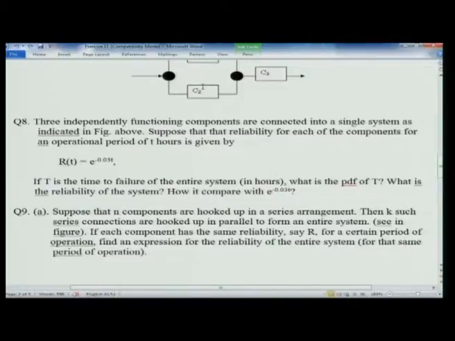And when you hook them up in series, your reliability is the minimum of the two. So, therefore, you cannot say much, it will almost be the same. In fact, it will not be better than e raised to minus 0.03 t.